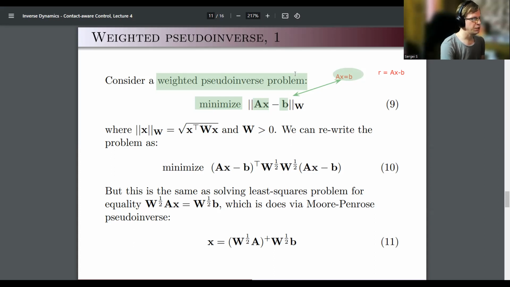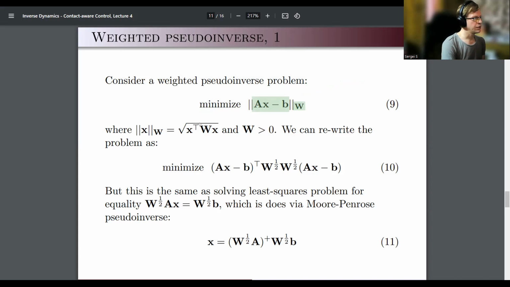But we don't just minimize the residual. What we minimize is a norm of the residual with a weight. What is a weighted norm? A norm, you remember, is the square root of a dot product with itself. So you take a dot product of your vector with itself, and take a square root. That's a norm.